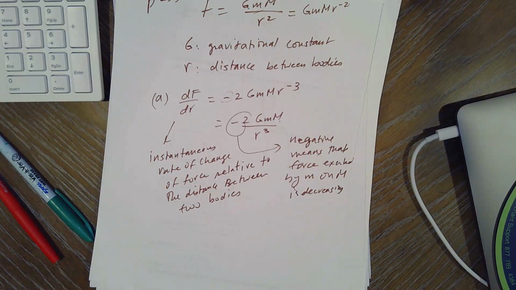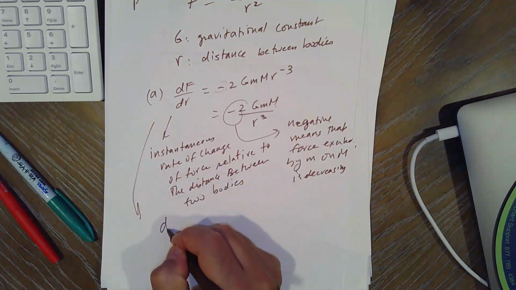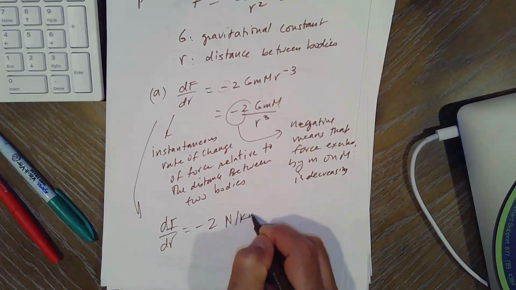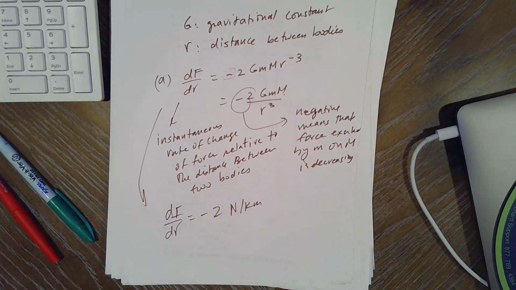Part B, suppose it's known that the earth acts on an object with a force that decreases at a rate of 2 newtons per kilometer. So dF by dr, since it's decreasing, is negative 2 newtons per kilometer. They don't say it's negative, but decreasing means it's negative.